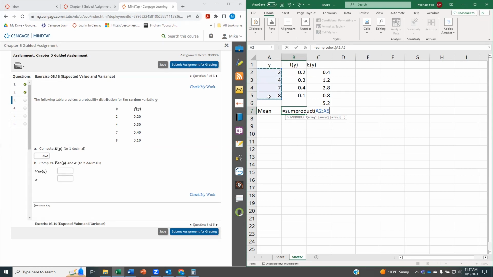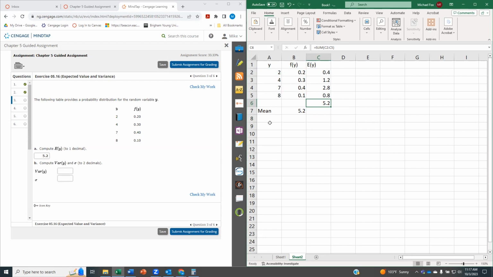Where we have to take the values of y and then the values of the probabilities. We use the SUMPRODUCT function, which in essence means take this times this, and then this times this, this times this, this times this, and then add them all up. So there's our mean. No surprise there, right? Because guess what? That's exactly what we did right there. I just wanted to show you SUMPRODUCT.